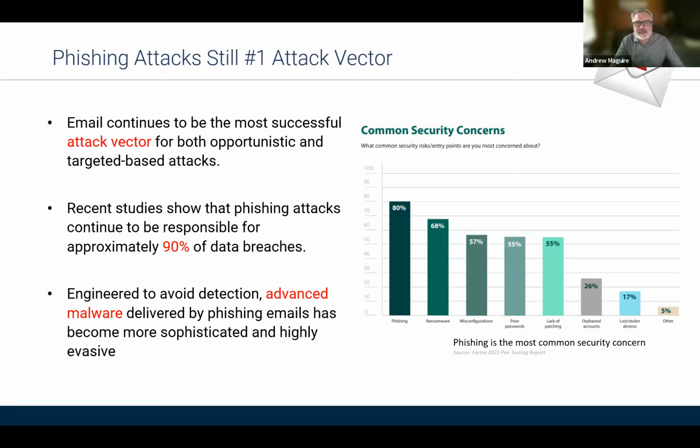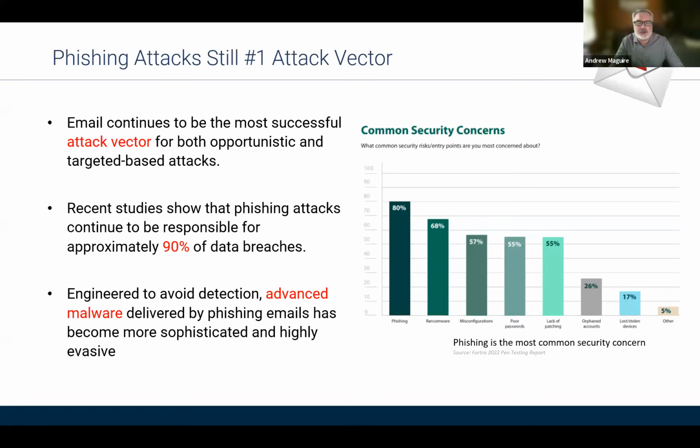And we've seen the sophistication of these attacks increase across the years. I'll show you some statistics on how effective they have been and which types of attacks are really paying off for these attackers.